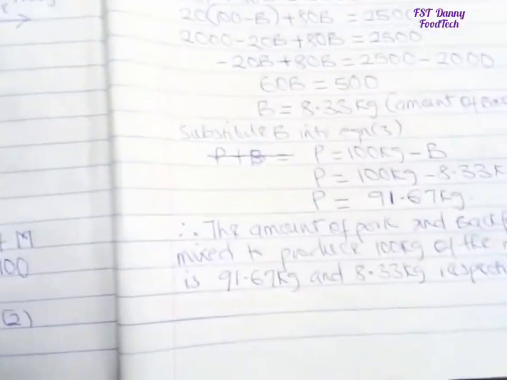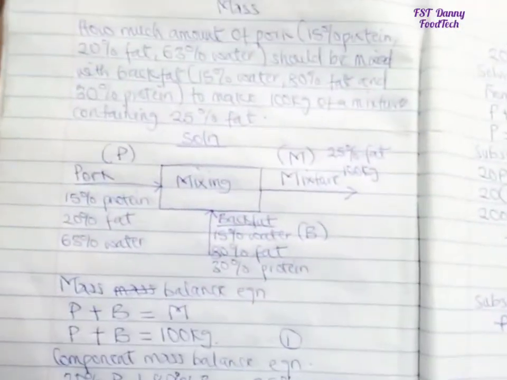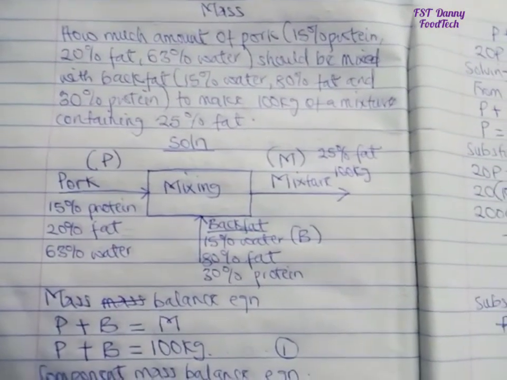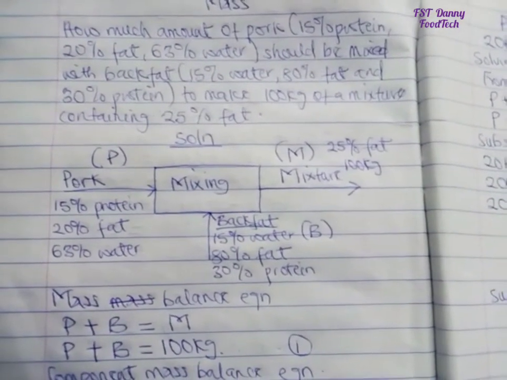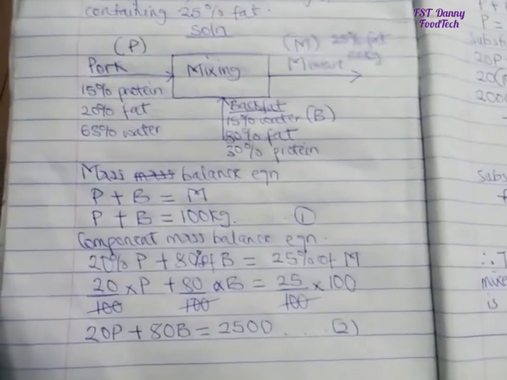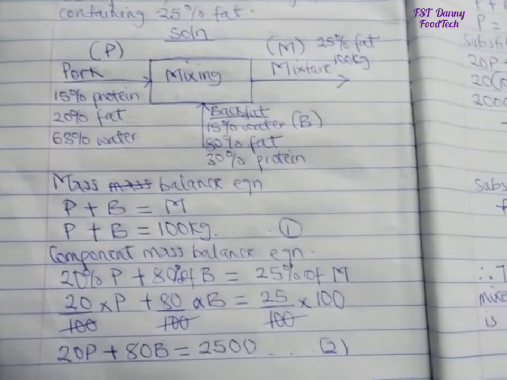And so in a simple way we've calculated the amount of pork that should be mixed with back fat to produce 100 kg of the mixture containing 25% fat.